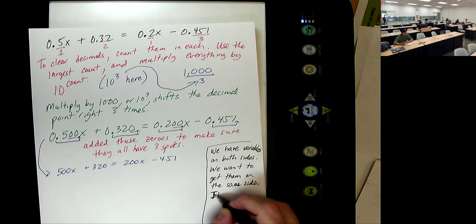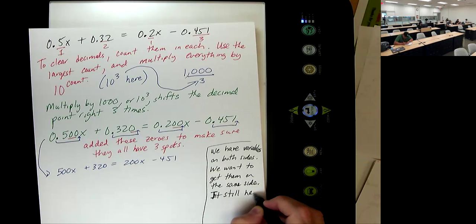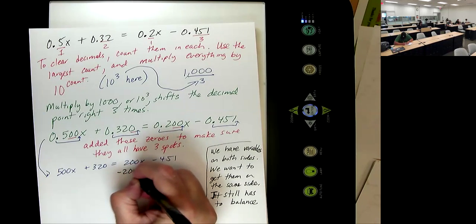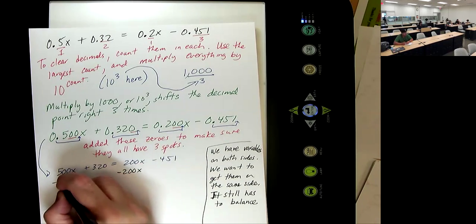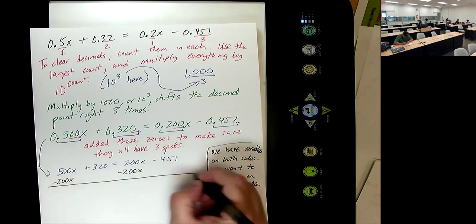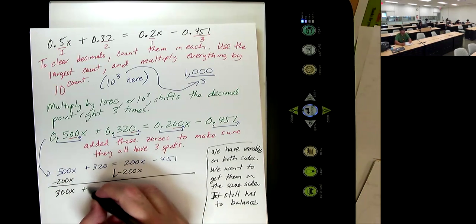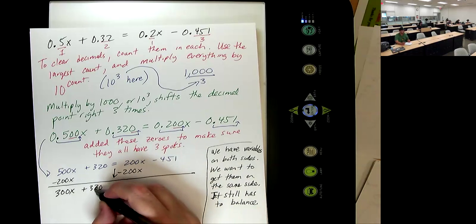It still has to balance. I can do that here by subtracting 200x from both sides. 500 minus 200 is 300.